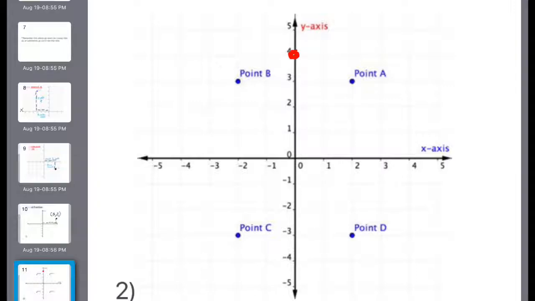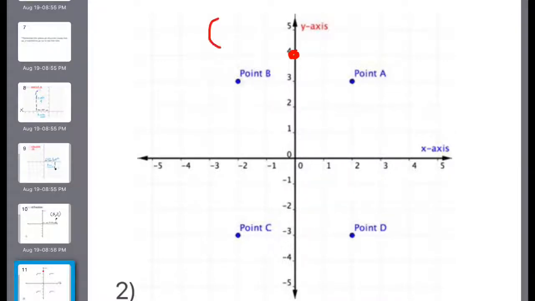Pause the video and do that now. The reason this problem is tricky is because it does not go to the left or to the right. It does go straight up. It's more like a helicopter than an airplane.